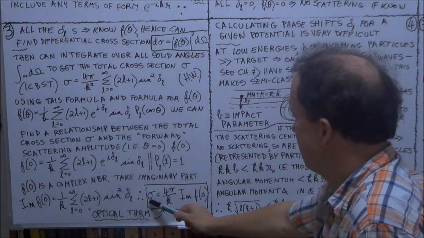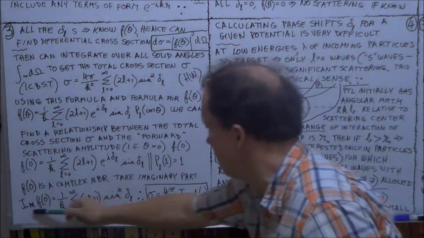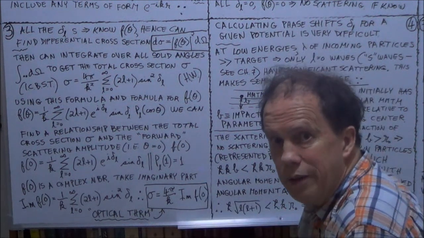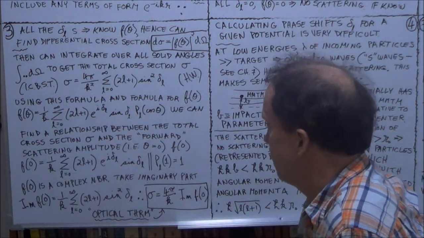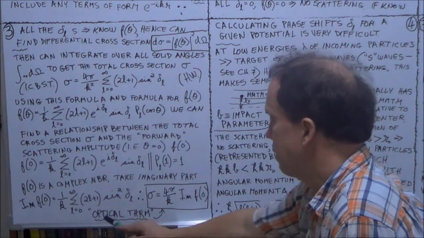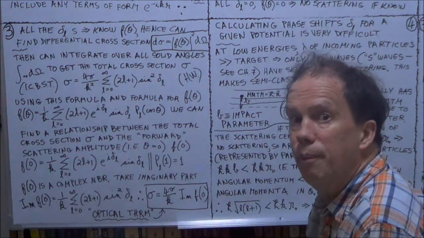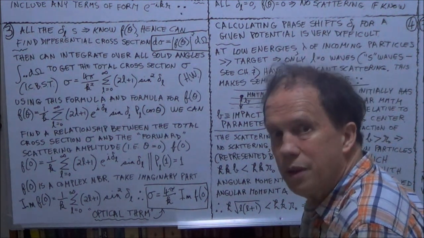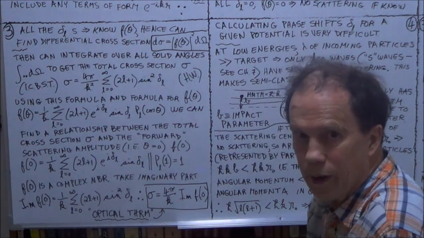So sigma is just 4 pi over k times this, right? Now this is a rather famous result in scattering theory. So it's given a name, a label, just simply called the optical theorem. What it's got to do with optics, don't worry about it.